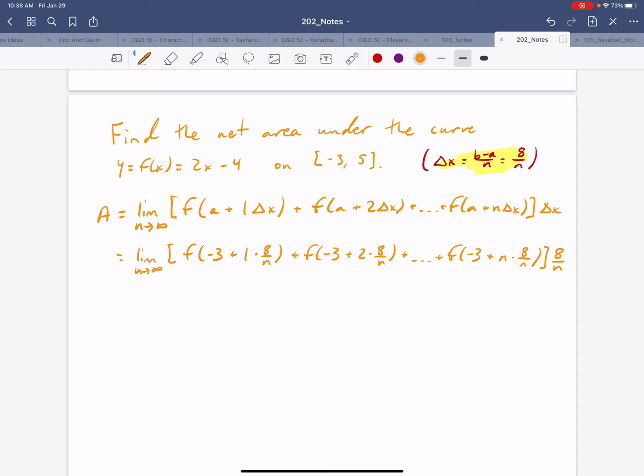So again, all we did was replace delta x with 8 over n, a with -3. Keeping this going, we're going to plug this into f. We still keep our limit because we haven't taken our limit yet, but we're going to see what we get.